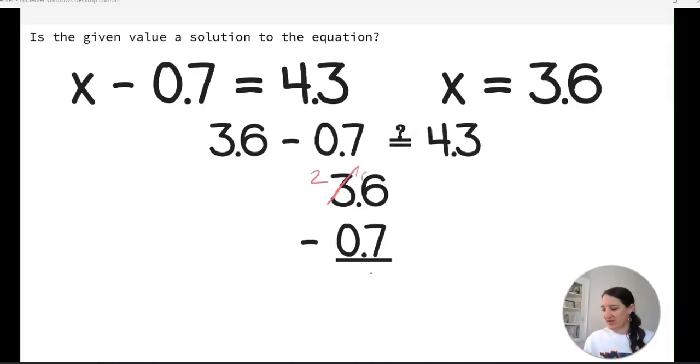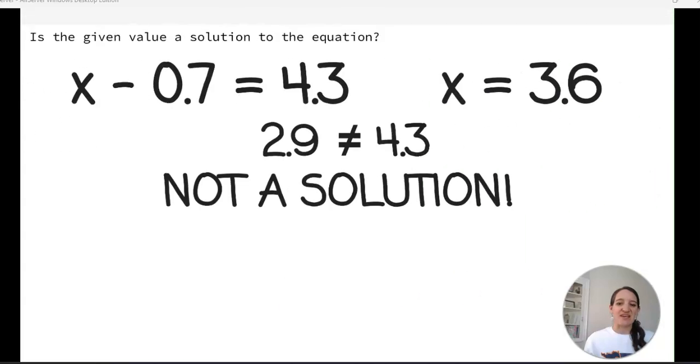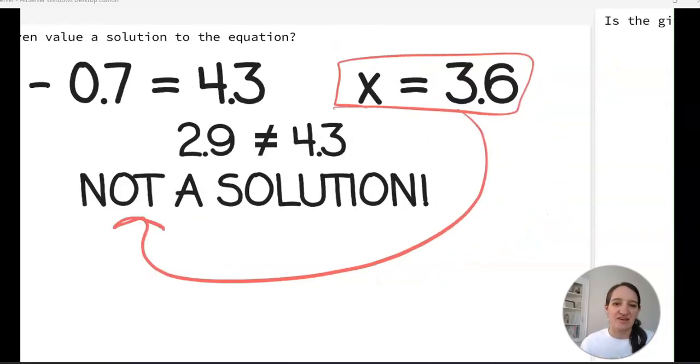Regroup a little bit, and we end up with 2.3, not 4.3. So what would we say? We would say not a solution. Did I do it right? Oh, no, that should be 2.9. Either way, it is not 4.3. So then we would say that is not a solution. x equals 3.9 is not the solution.